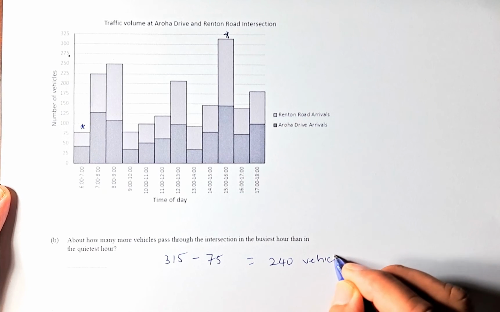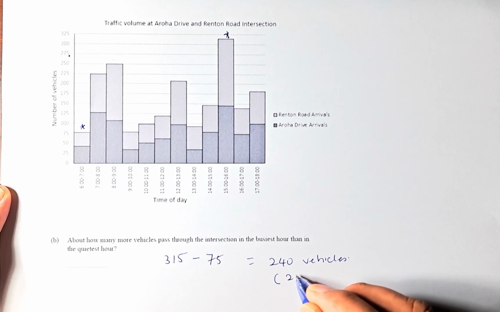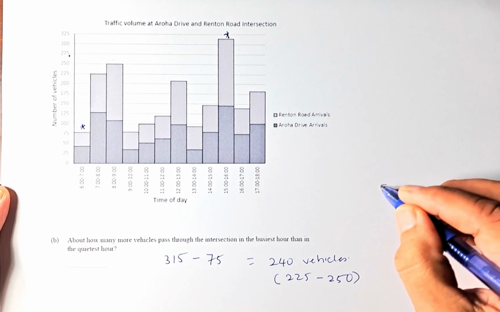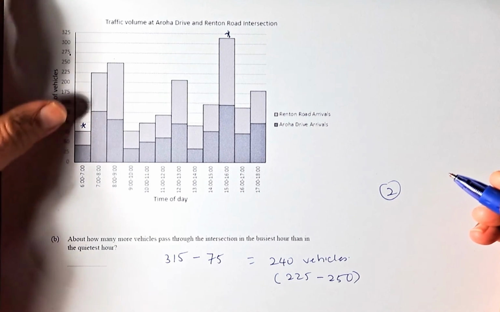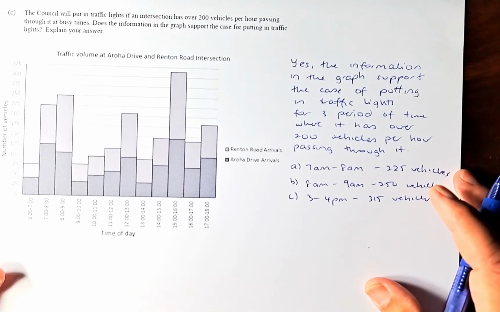In fact, the marking schedule said that any number between 225 to 250 is acceptable, and that is outcome number 2. And last but not least, we're going to do question 10C, and that is outcome number 3.